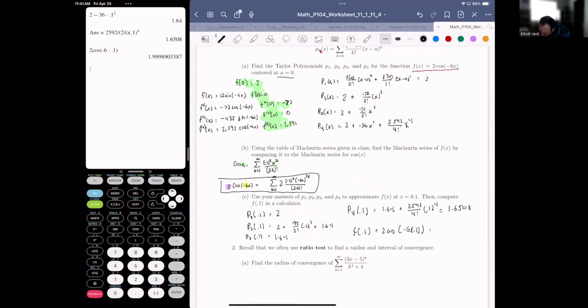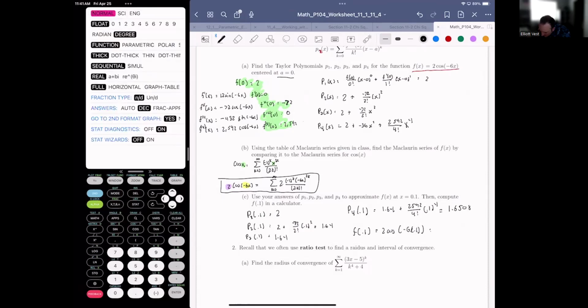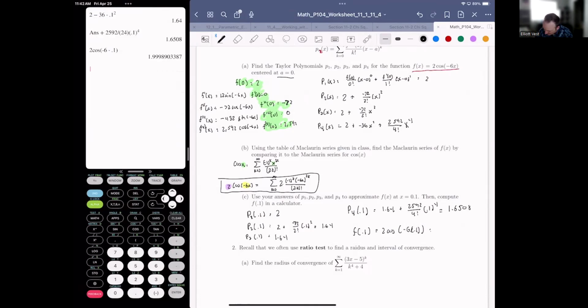How do I do this? Do I go to mode? Radian. That's what I want. I want radian. Why am I in degrees? Radians are always way better. So let's go back. Enter, clear. So now let's go back up. Answer. There we go. That looks better.